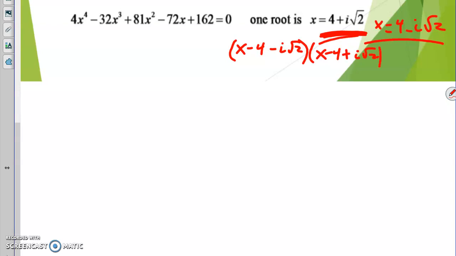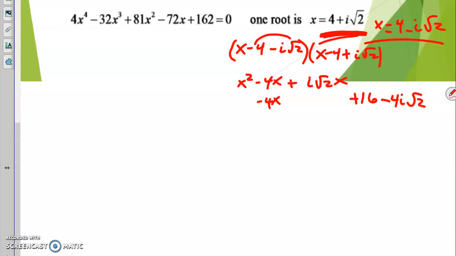So if I FOIL those together, I'm going to get x squared minus 4x plus i root 2 x. And then I'm going to distribute the negative 4 to all of them, and I get a negative 4x plus 16 and minus 4i root 2.